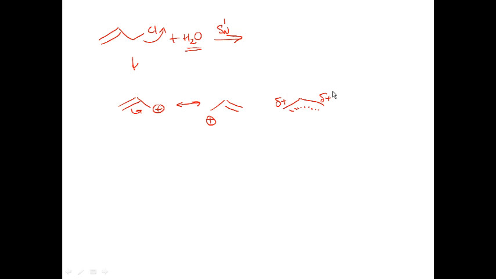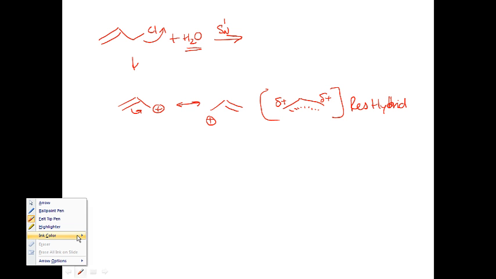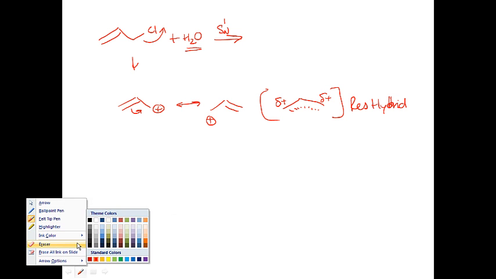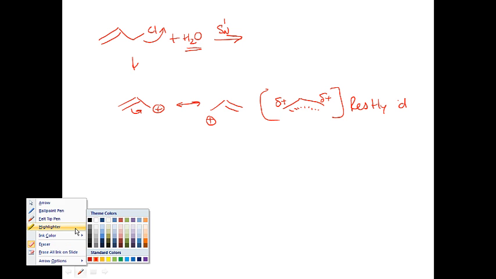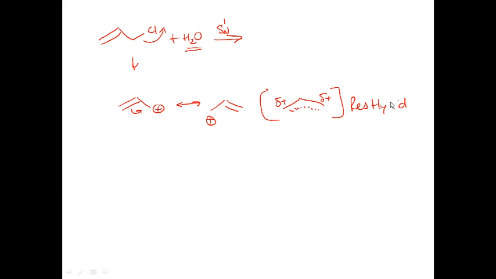Now, one of the problems that we have with this resonance hybrid, and this resonance hybrid is the true structure, but it becomes difficult to write the mechanism using the resonance hybrids, simply because we end up not knowing, well, where do I add my water? So if my water is going to come in and add, what's it going to add to? Where's the double bond going to end up?